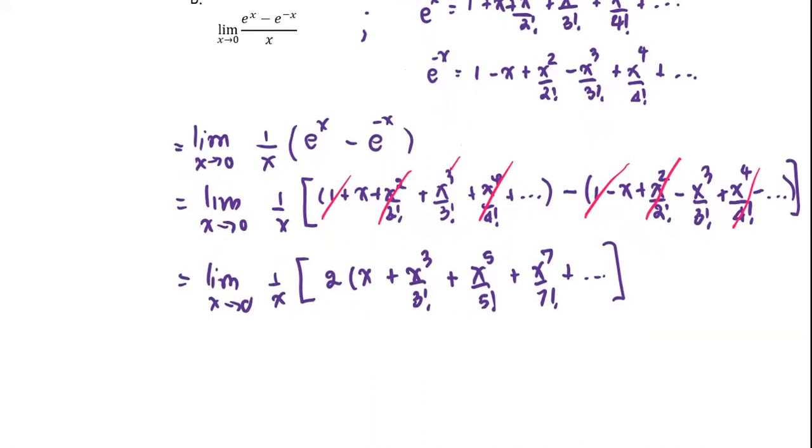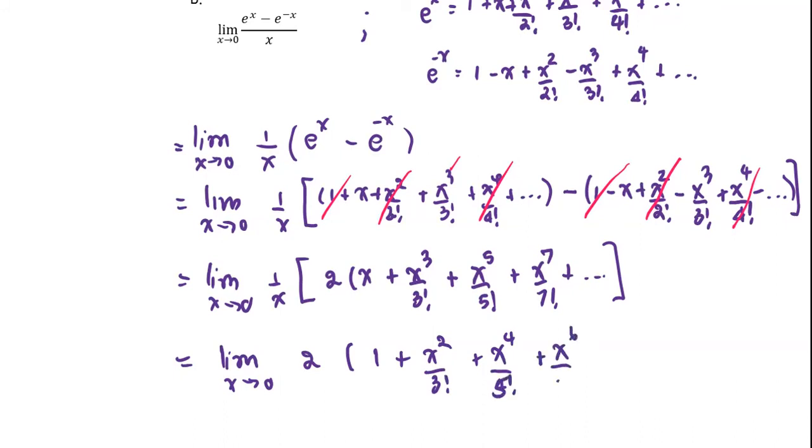And next, divide all by x. We have 2 multiplied by 1 plus x to the second over 3 factorial plus x to the fourth over 5 factorial plus x to the 6 over 7 factorial and so forth.